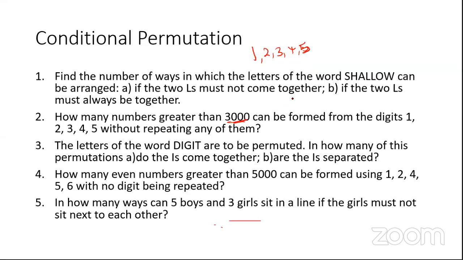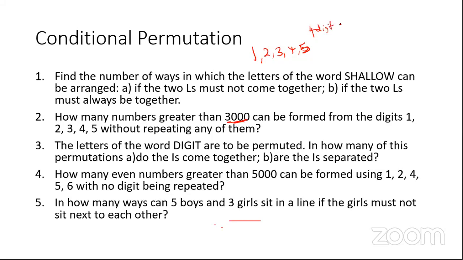I'm looking for a number that is greater than 3,000. 3,000 is a 4-digit number. And I have 5 numbers. So it means with all those numbers, I can have a 4-digit number. I can also have what? A 5-digit number. Exactly. Since they have said it is greater than 3,000.